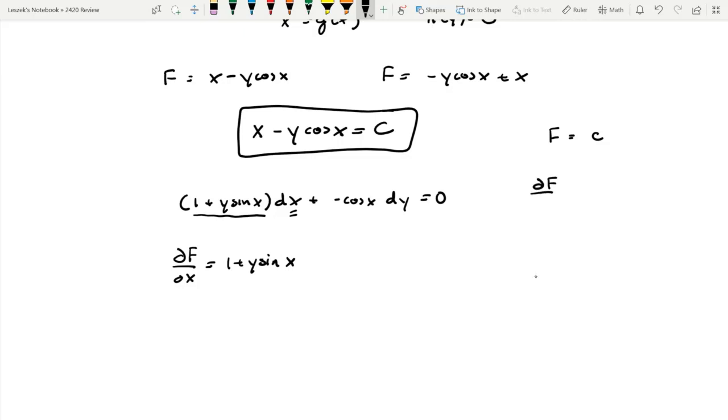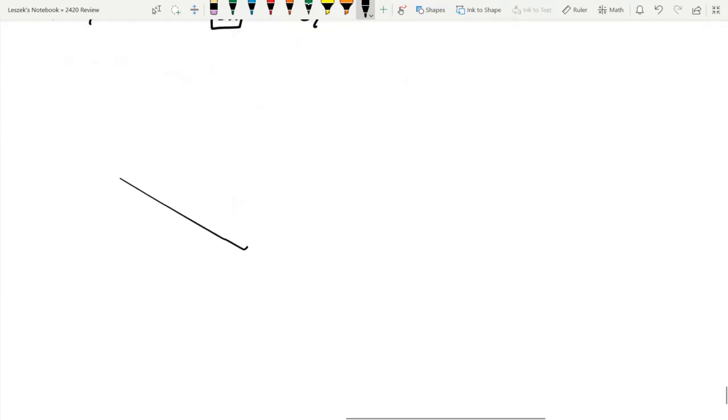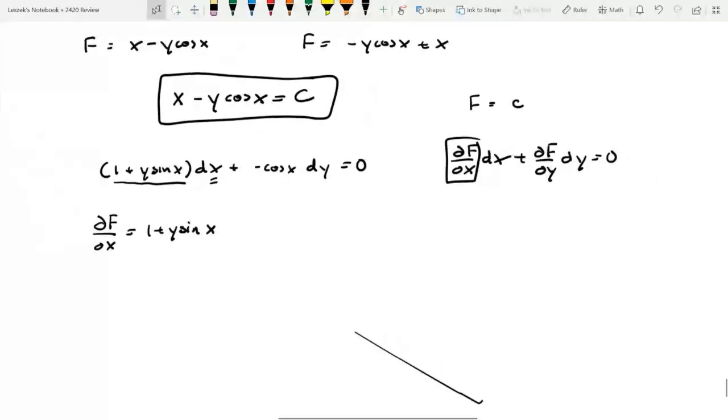If it's true, then if you take the total differential, right, then the thing multiplying dx is the partial of f with respect to x.